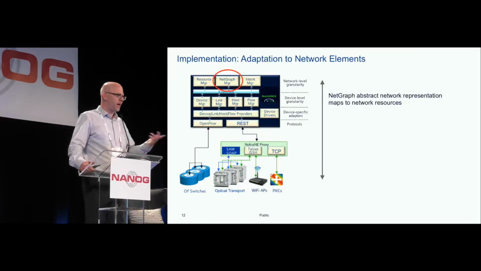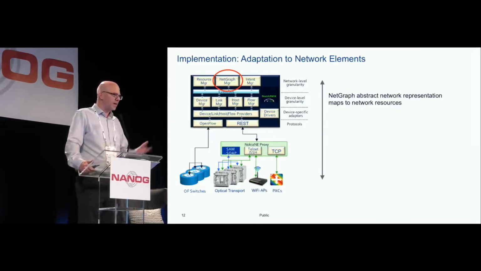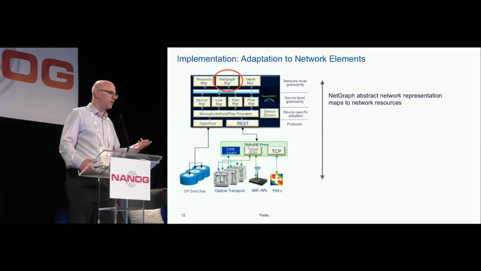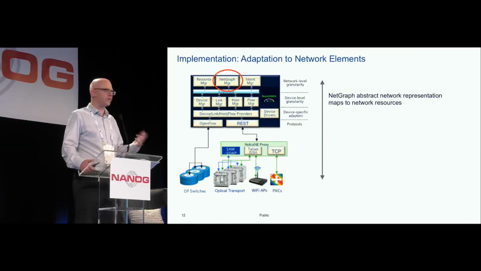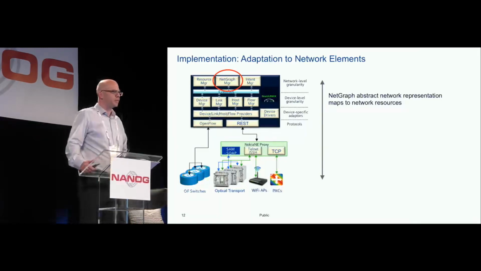We have a REST interface that can communicate with various Nokia network elements, and it can communicate with a Nokia network element proxy. So the proxy does translation to different protocols like SOAP for communication with transport network elements, Telnet, SSH, TCP for connection to a photonic cross-connect that we've developed in Bell Labs.